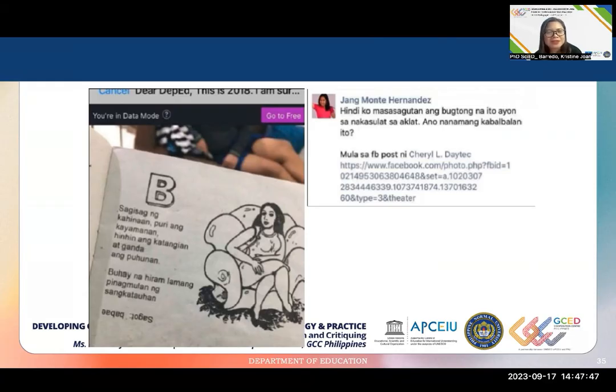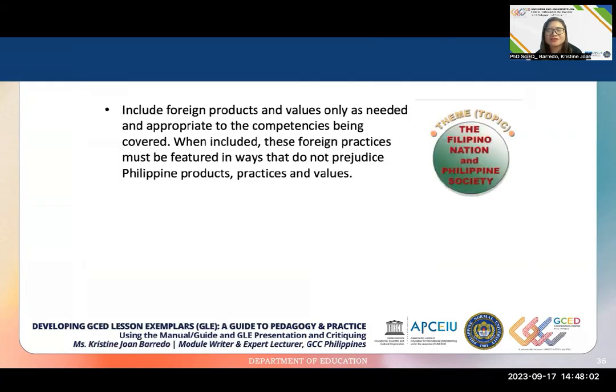Buhay na hiram lang, pinagmulan ng sangkatauhan. So ito ay isang tula. Ang sagot daw ay babae. So ito ay tula o bugtong. So, stereotyping and sexism. Avoid that language in creating lesson exemplars.